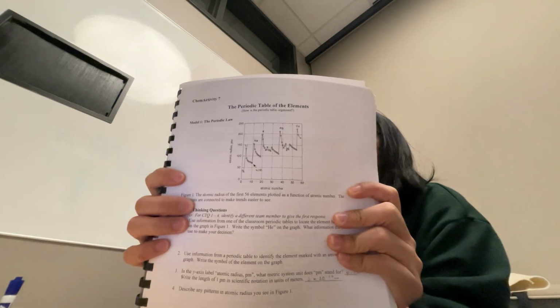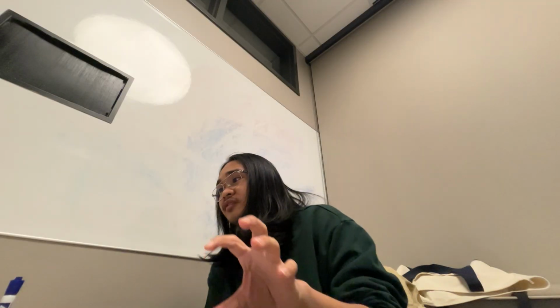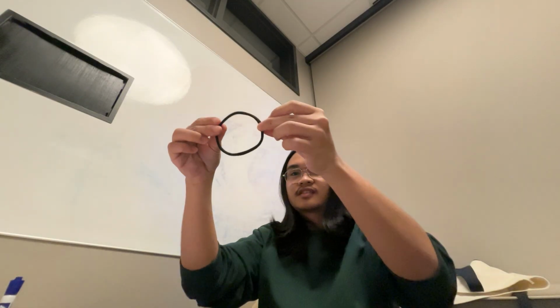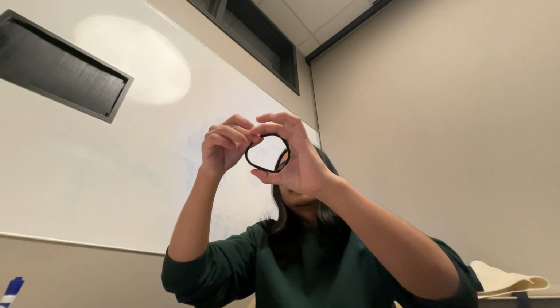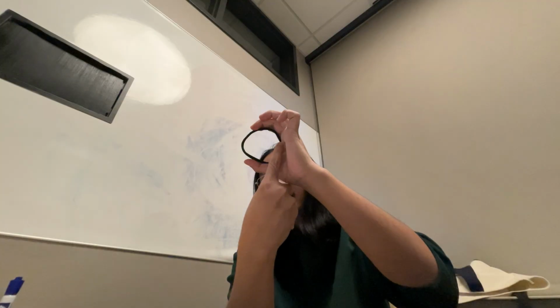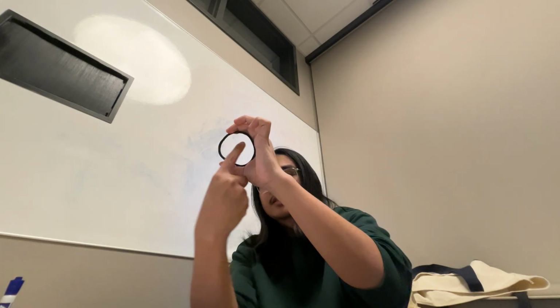So, on the y-axis, we can see the atomic radius. So what is an atomic radius? Well, if you know what a circle is, imagine that this is a sphere. In a sphere, the point from one end to the exact point on the other end, that is called the radius, right?